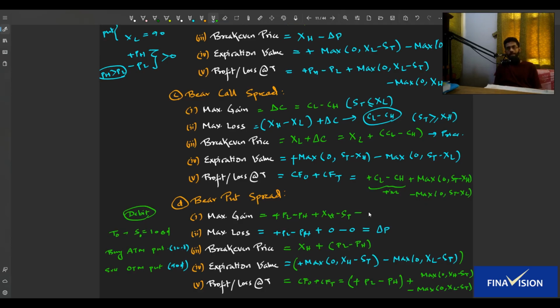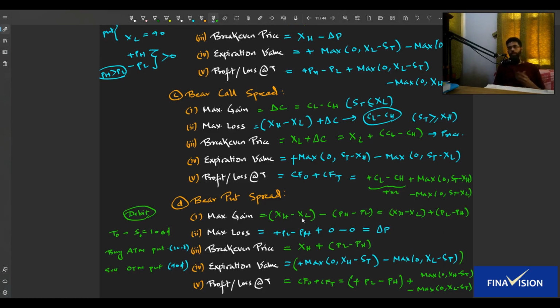So this is minus XL plus ST. So ST and ST cancel out and we are left with the difference between the strikes and the difference between the premiums. So let me rewrite this. This is XH minus XL minus PH minus PL, or you can write it in this way also, XH minus XL plus PL minus PH, right? Both ways you can write it, doesn't matter.